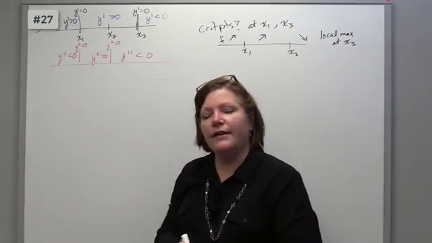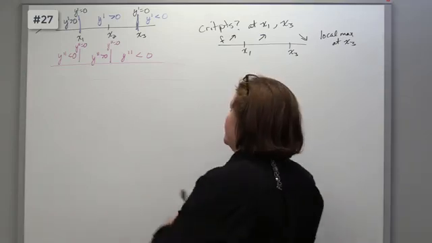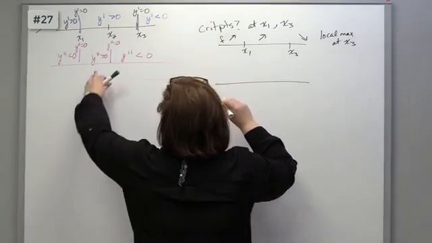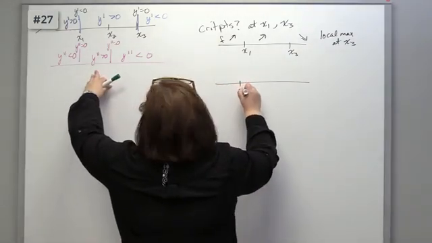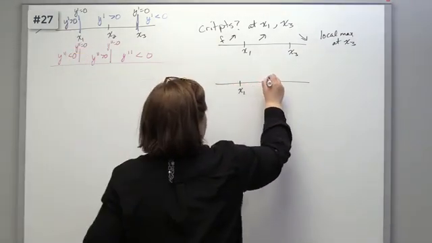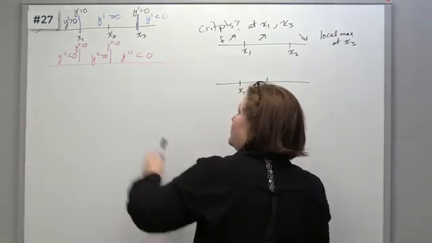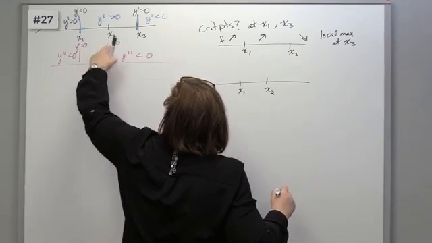And then the next thing, we have increasing and decreasing information. The next thing is, what information does the second derivative give us? And from here, I'm going to redraw the number line. It looks like special spots for the second derivative were at x1 and x2.